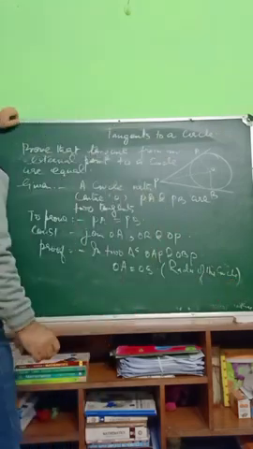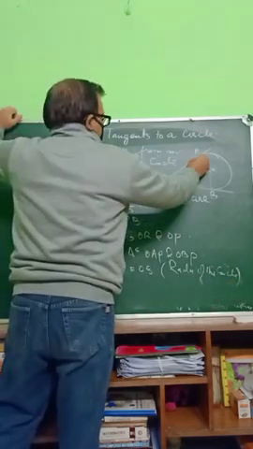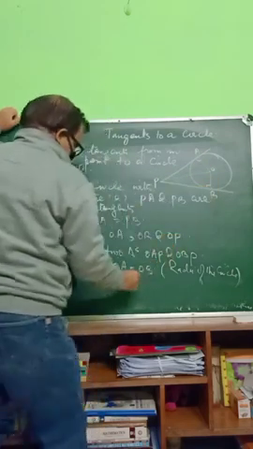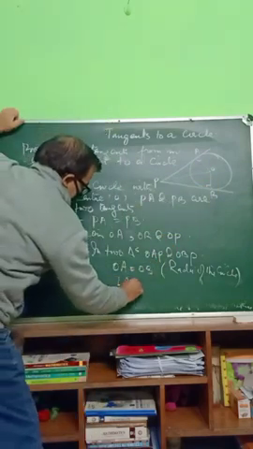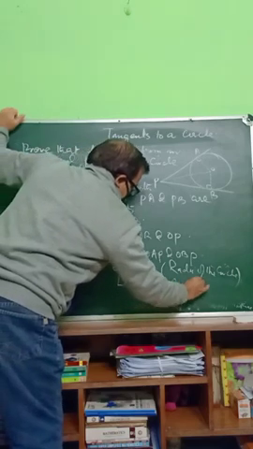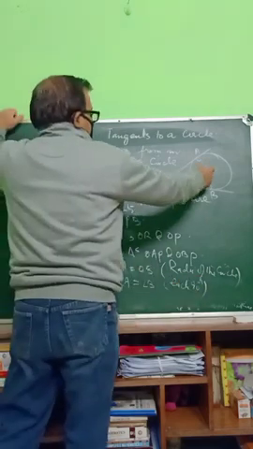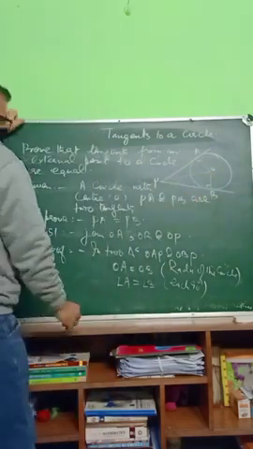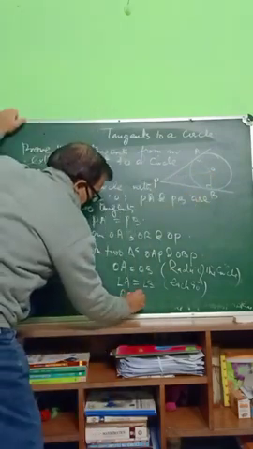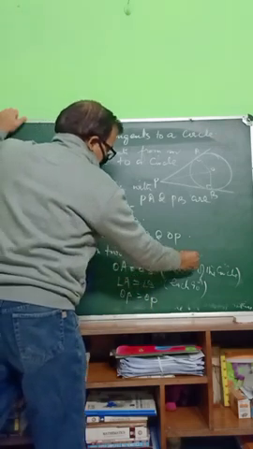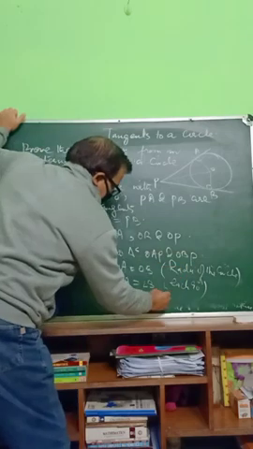Then angle A is equal to angle B, each 90 degrees, because in the first theorem we showed the radius is always perpendicular to the tangent. And OP is equal to OP, common.